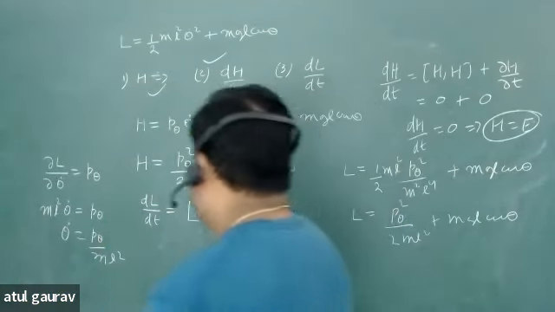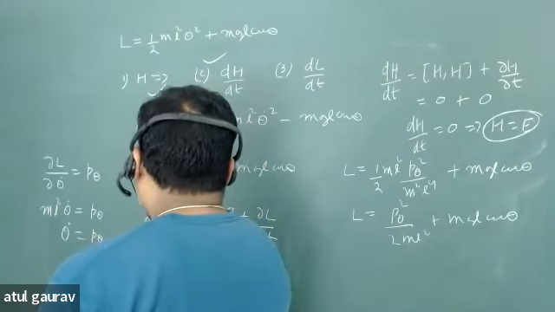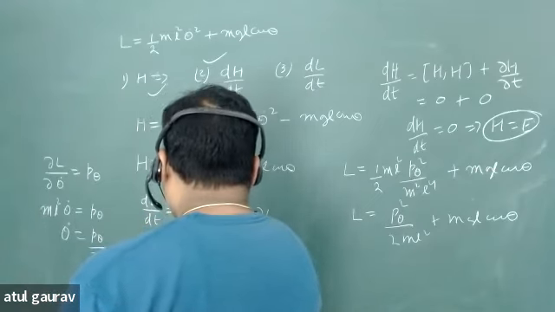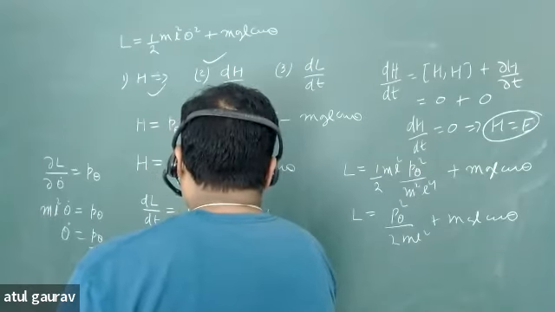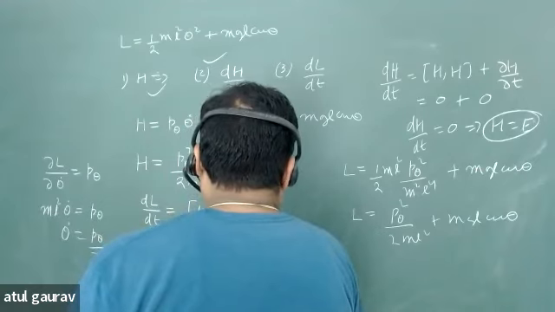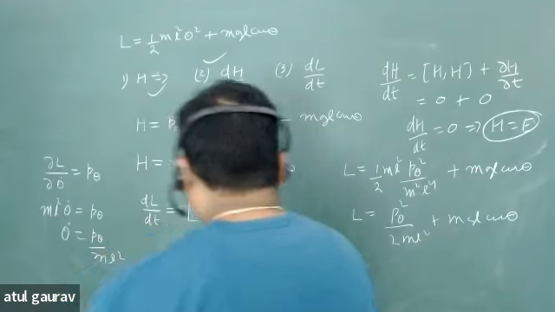But you can see what will happen: del L upon del theta, del H upon del p theta, minus del L upon del p theta, del H upon del theta, plus 0.